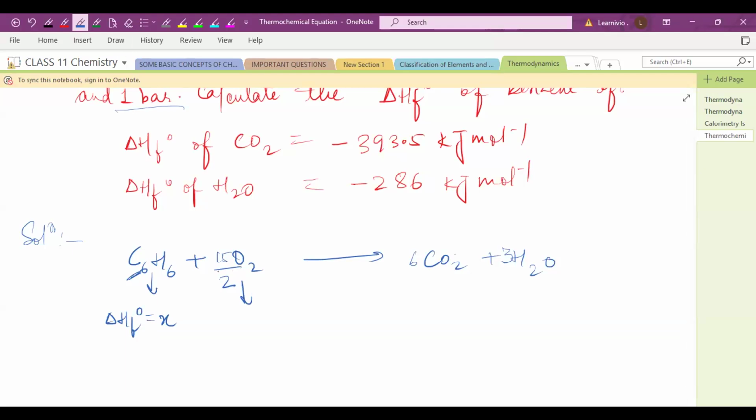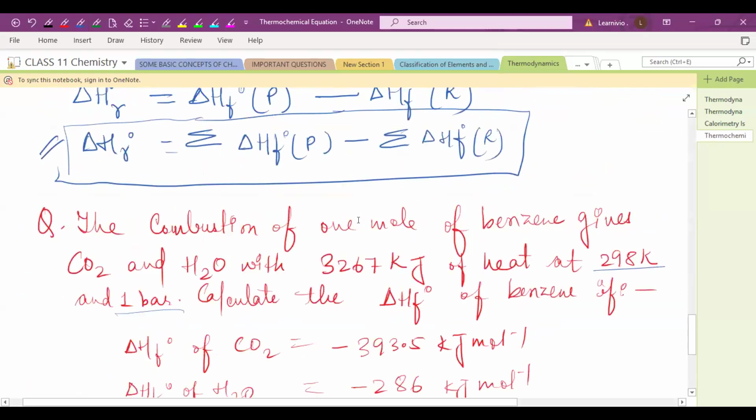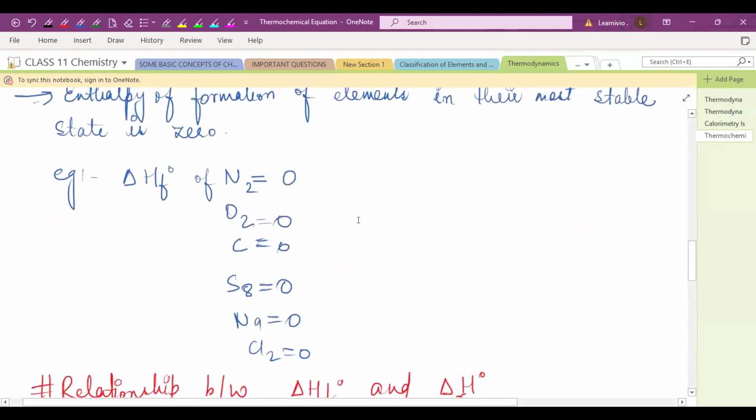O2, what is the value of standard enthalpy of formation of O2? Neha, Sanidhi, Ma'am, I told you. Minus 2? It's 0. Yes.